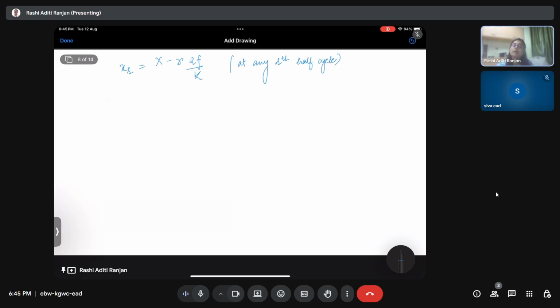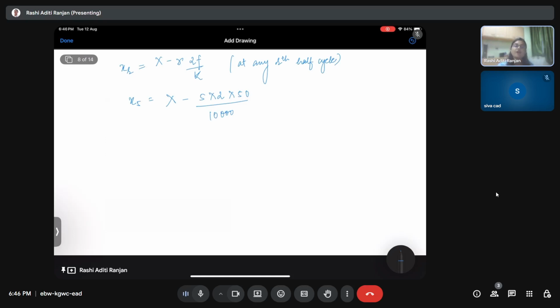Okay, here the number of half cycles were 5. So x of 5 is going to be x minus, we have 5 into 2 into 50 divided by 10,000, right?